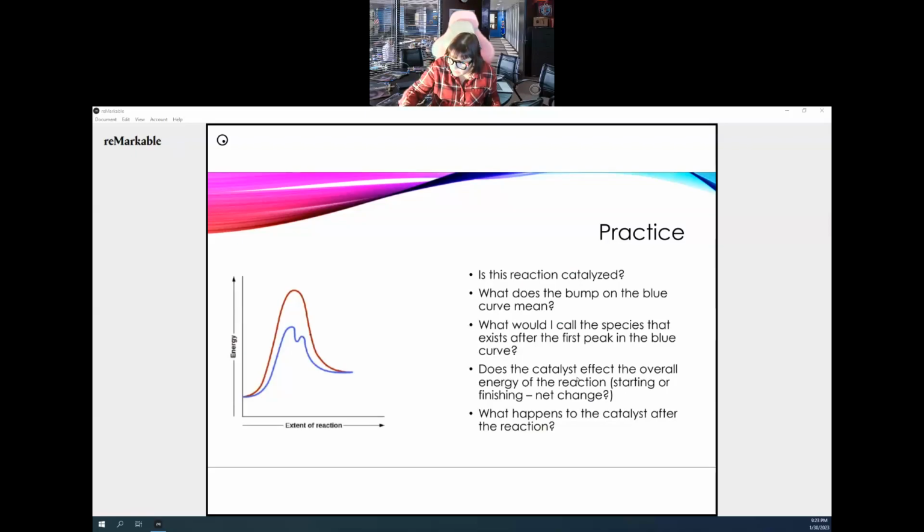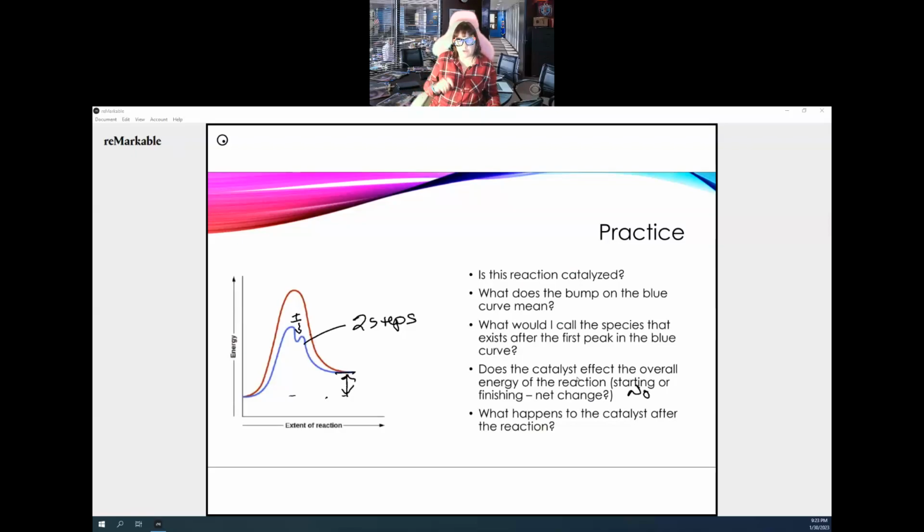This bump right here means that there's an intermediate, which means that this catalyzed reaction has two steps, and there are two activation energies associated with it. So what would I call the species that exists after the first peak in the blue curve? That's an intermediate. Does the catalyst affect the overall energy of the reaction, the net change from here to here? The answer is no, it doesn't.